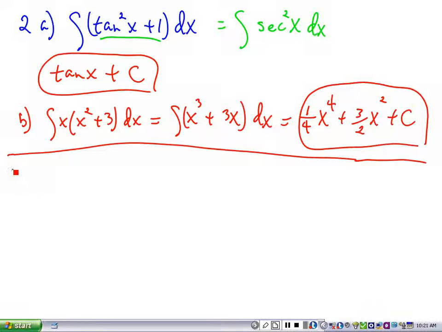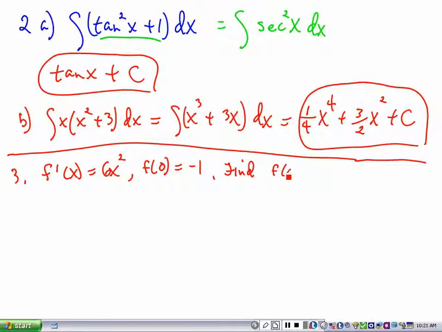Number 3, they give you f prime of x is equal to 6x squared, and you have an initial condition that f of 0 is equal to -1, you want to find f of x.